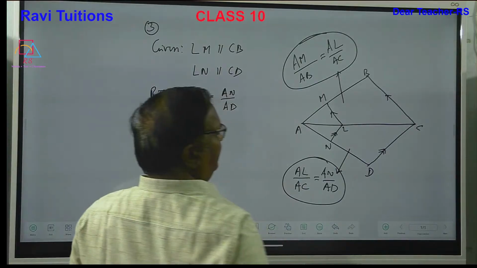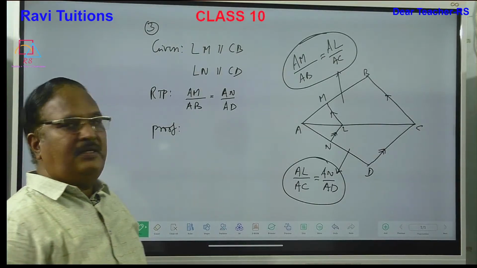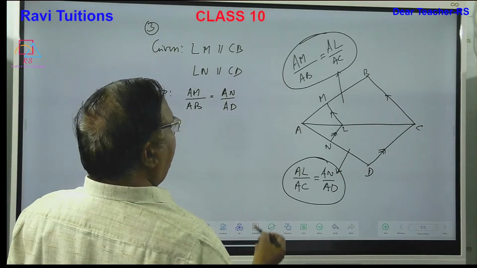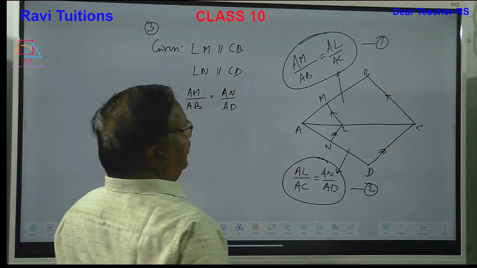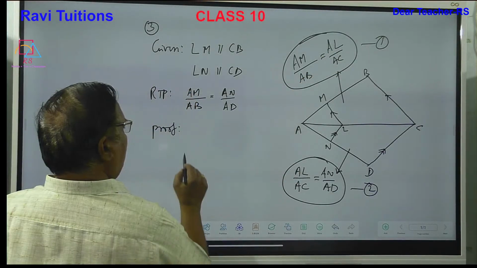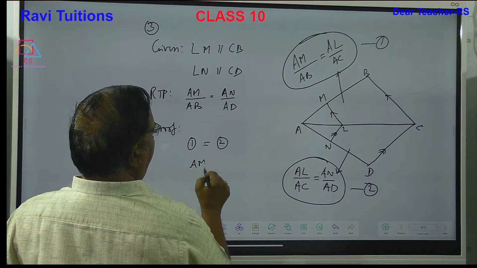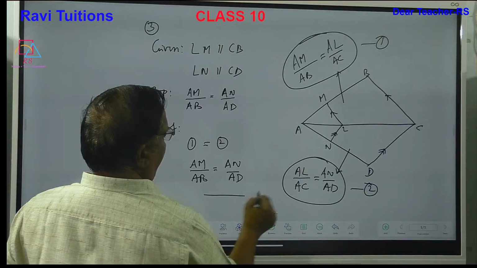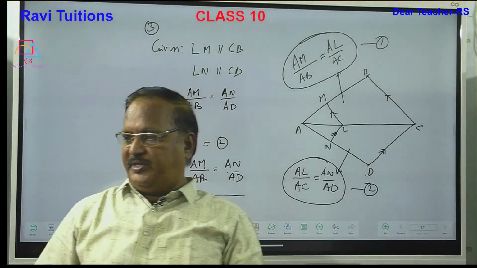I have taken the full side, that is why it is a corollary. So this is the first equation and this is the second equation. In both the equations, AL by AC is the same on one side. So 1 is equal to 2. Therefore AM by AB is equal to AN by AD. A very, very simple question based on the basic proportionality theorem.